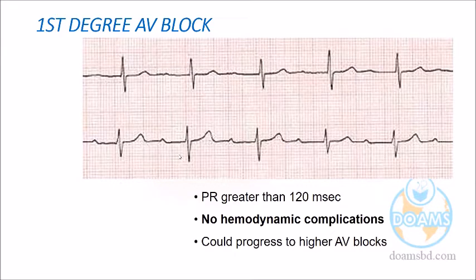But the very basic thing, how to calculate the PR interval, from where to where? It is the beginning of the P wave to the beginning of the QRS complex. Why am I saying QRS complex? Because some ECG leads don't contain a Q wave.